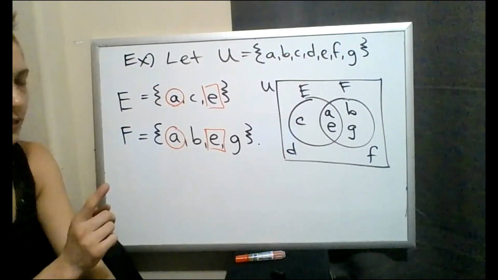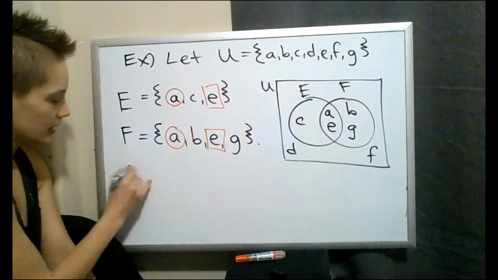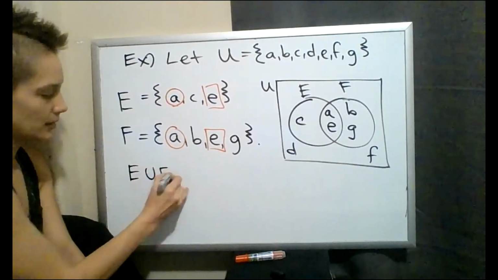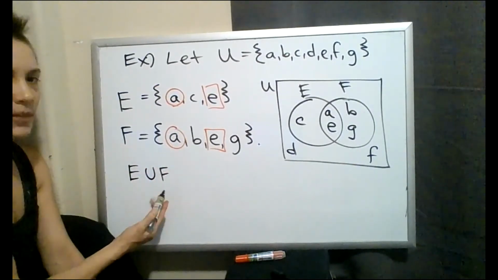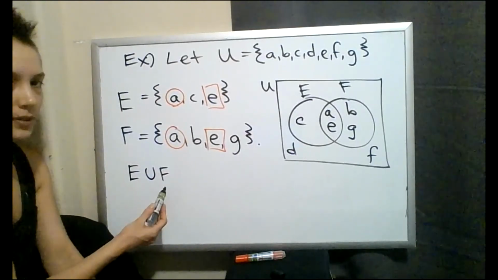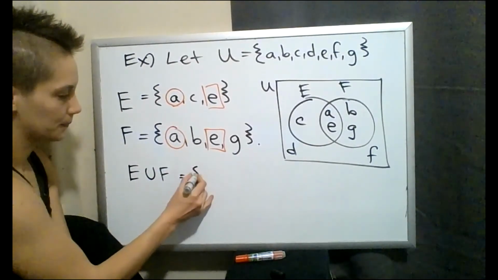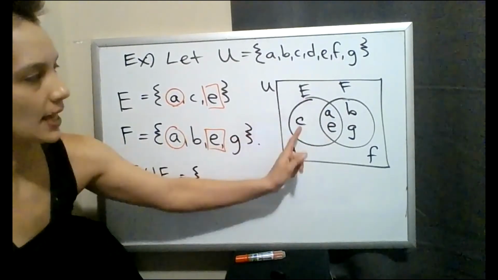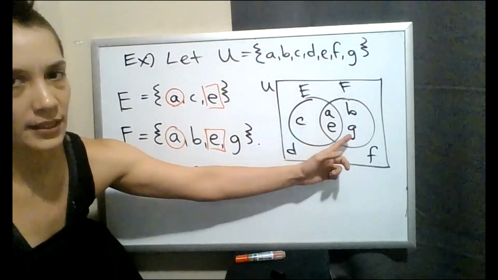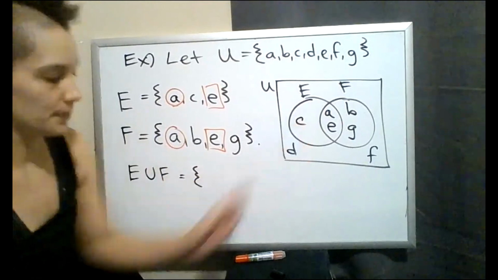Let's find the union of these sets. So if you have E union F, it looks like this, and it means it's in E or F. So that set together with that set, no repeats.